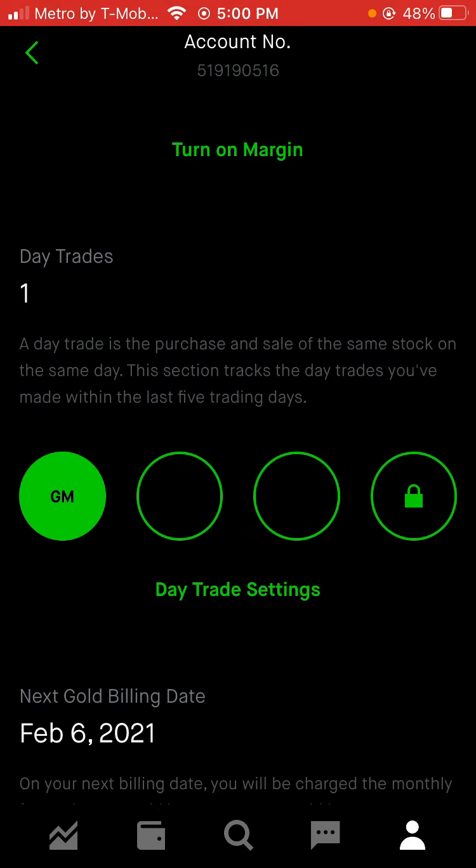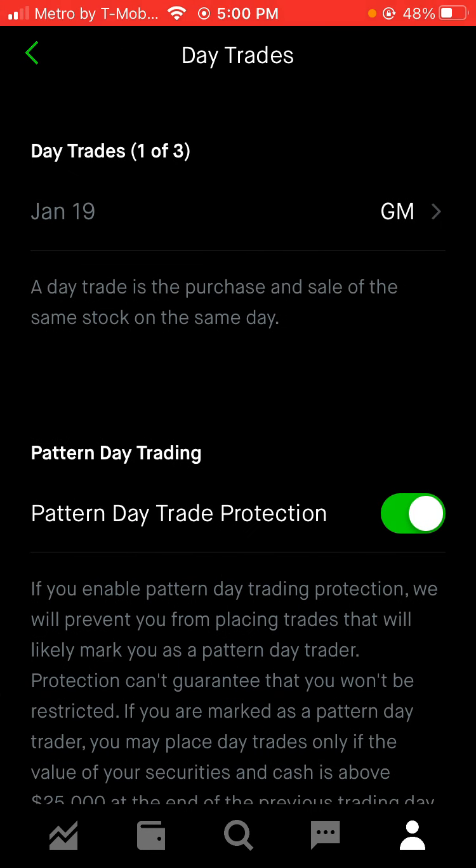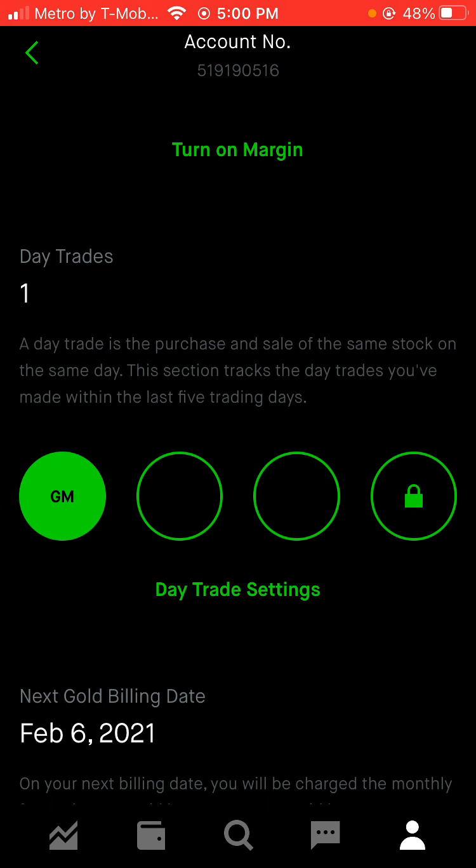And also day trading. You can only if you want to buy and sell on the same day. As for options and for day trading, I recommend you go to day trade settings and put this on. Because you're only allowed 3 days a week.